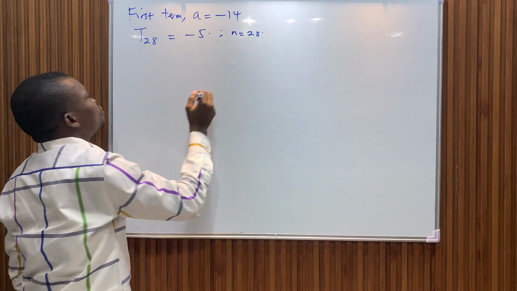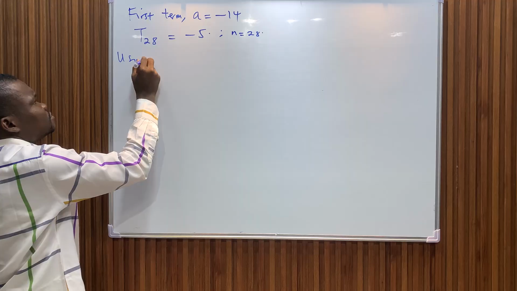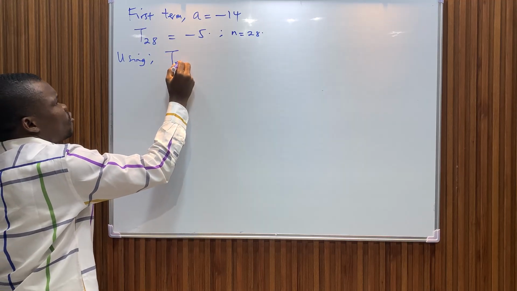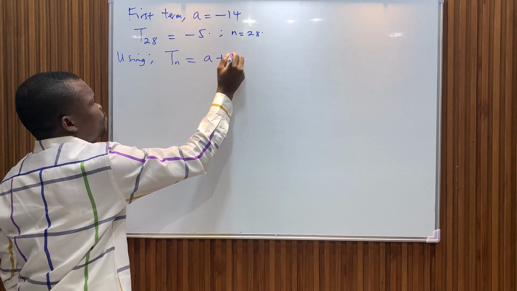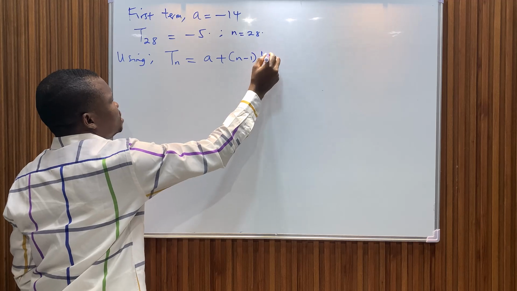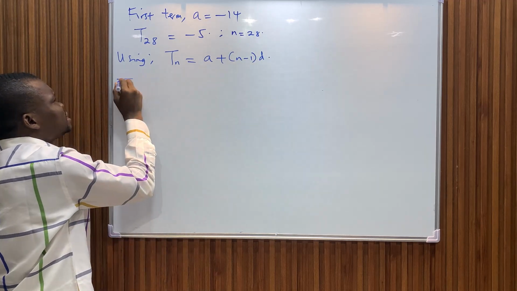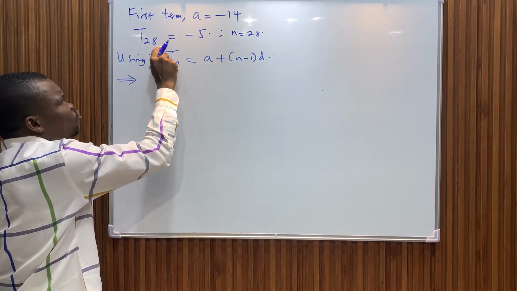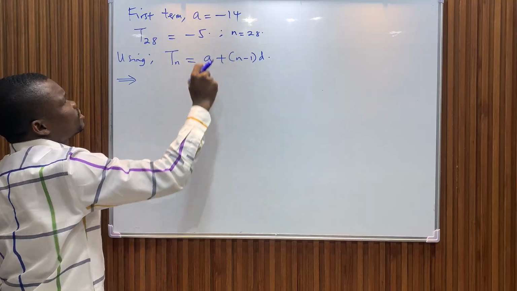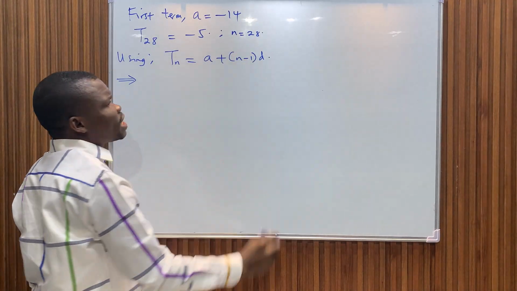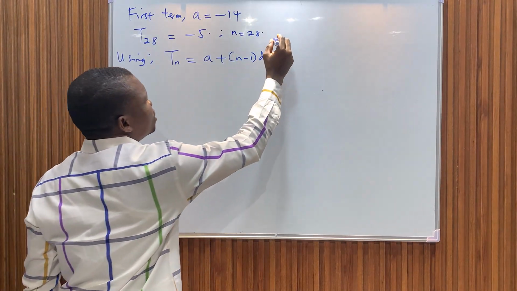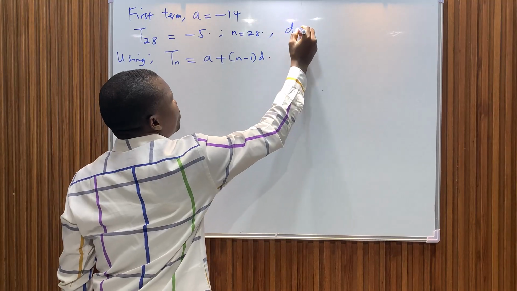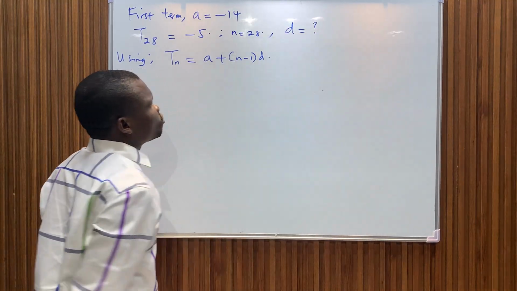Using the formula that the nth term of an AP is given as A plus n minus 1 d, we are going to use what we are given to find what is required. We are asked to find the common difference. Remember, d is not known.